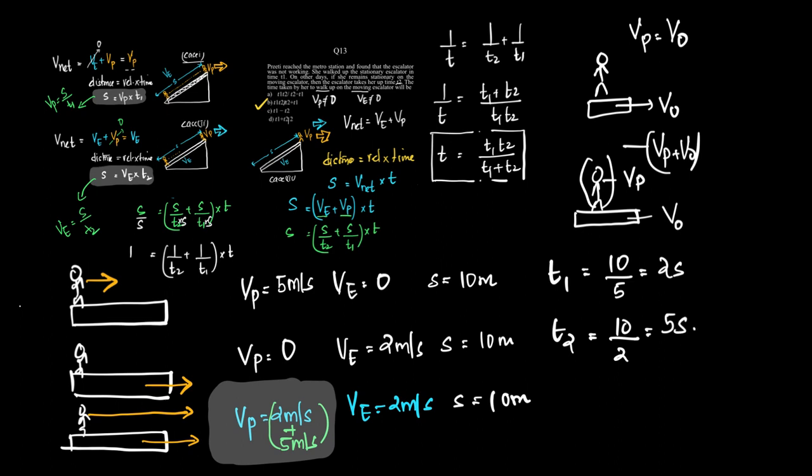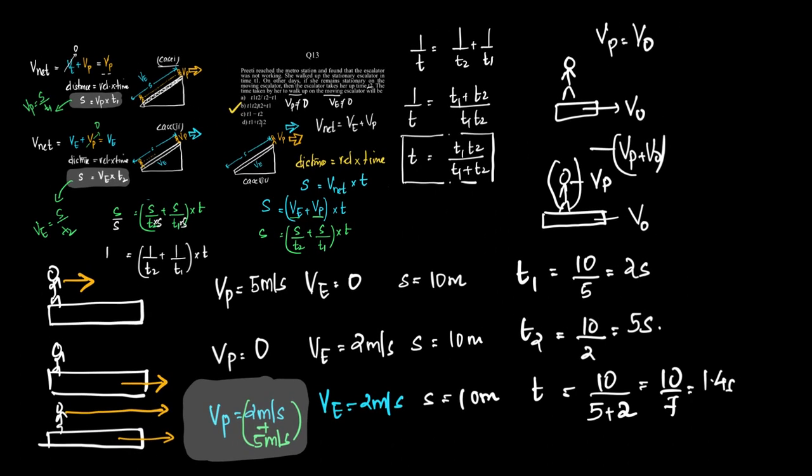So if the person is standing still on the escalator, only due to the presence of the escalator, he'll attain the velocity of the escalator itself, and it will take him 5 seconds to reach. But when he is moving along with the escalator, T becomes 10 by 5 plus 2, which is 10 by 7, which is about 1.4 seconds, right?